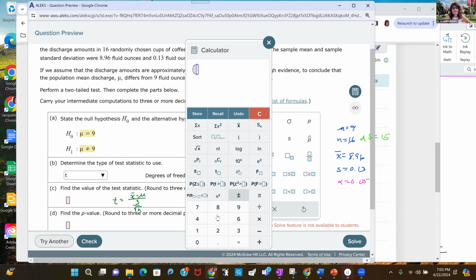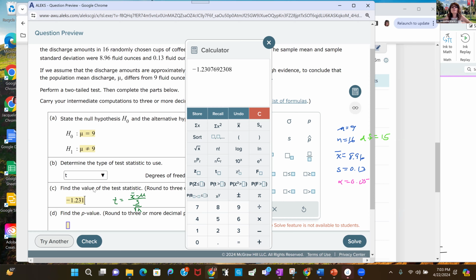So we have 8.96 minus 9 over s divided by the square root of n. Okay. So this is our test statistic.